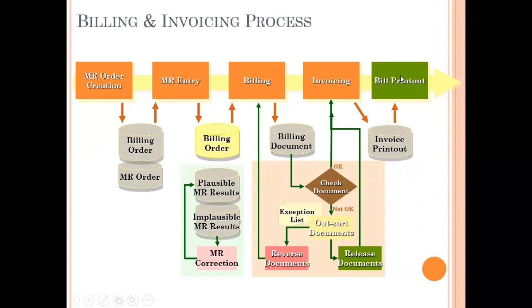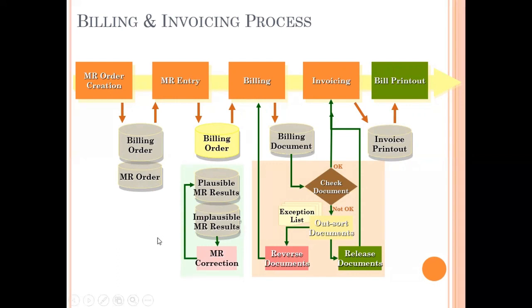So this is the basic diagram for a billing process where we generate a billing meter reading order with the billing order, and so we'll enter the meter reading results. It converts into a billing order, and it will check whether the meter reading entered for the meter is plausible or implausible.